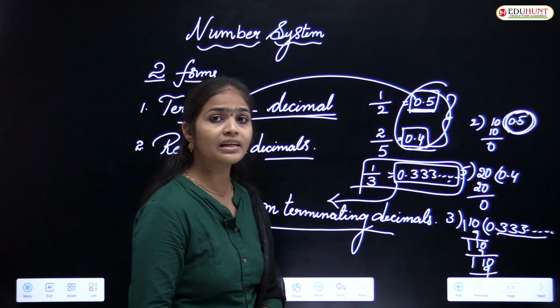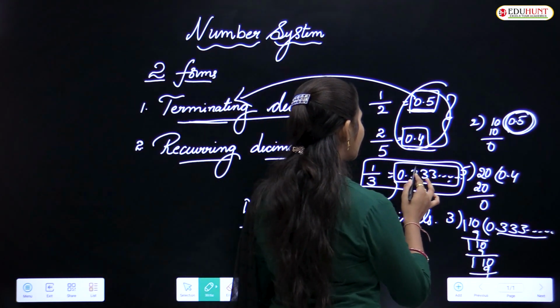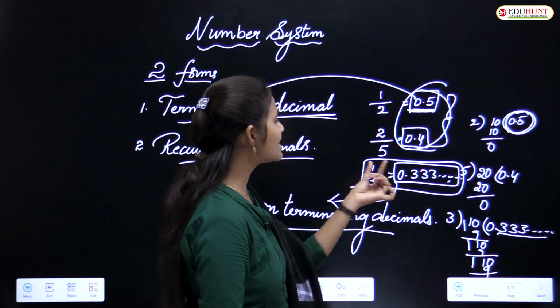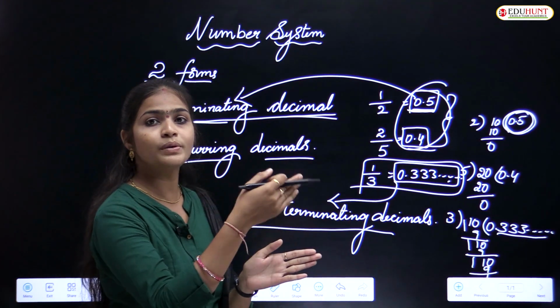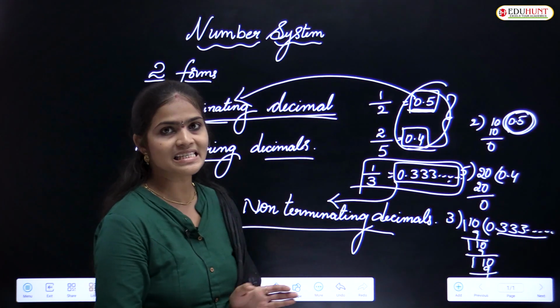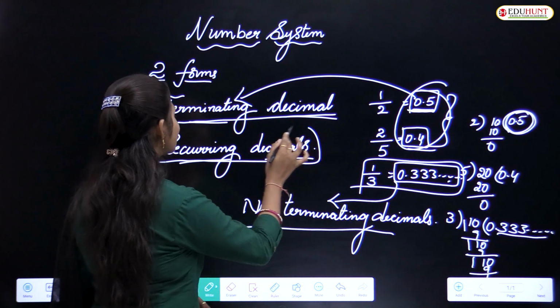What about recurring decimals? Recurring means, whether it is one or two places or three places, whatever it may be, in the decimal part, if you observe that the same numbers are in repetition, then we call those decimals recurring decimals.